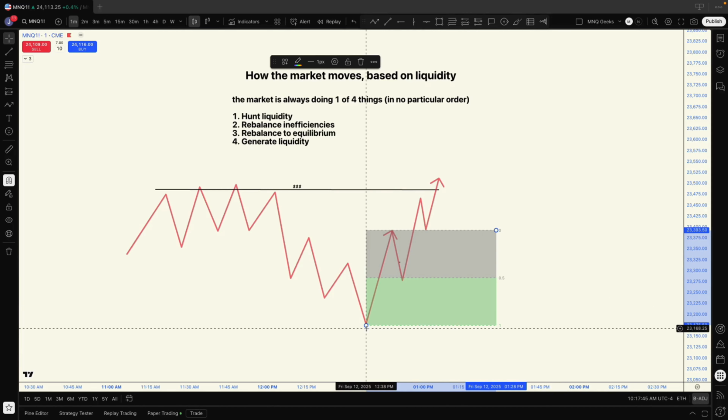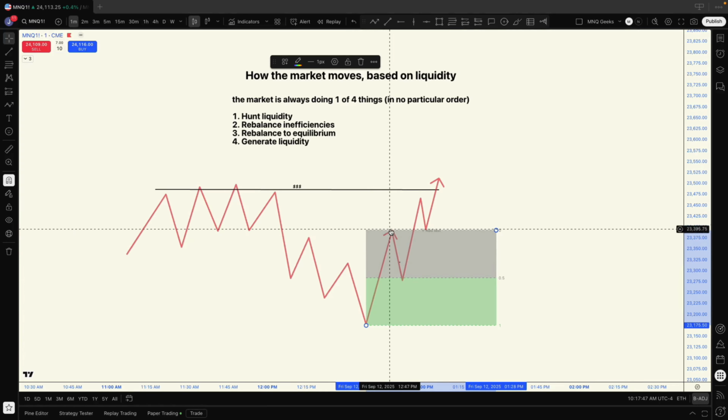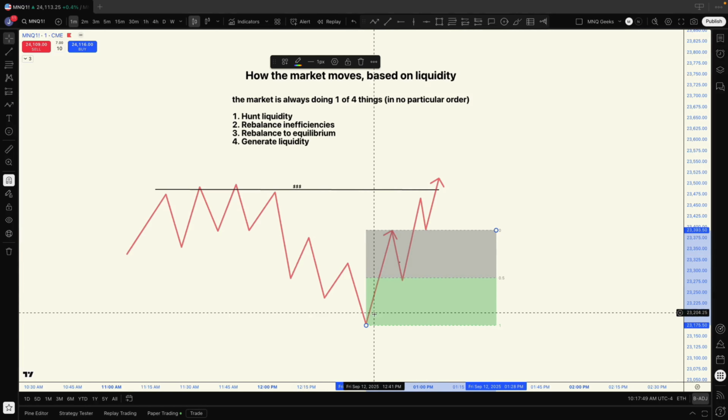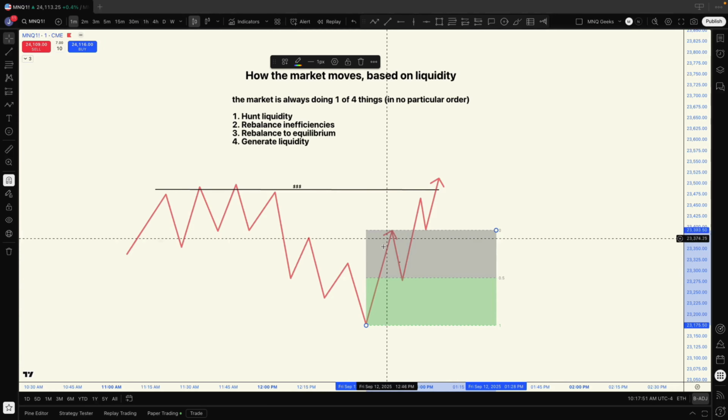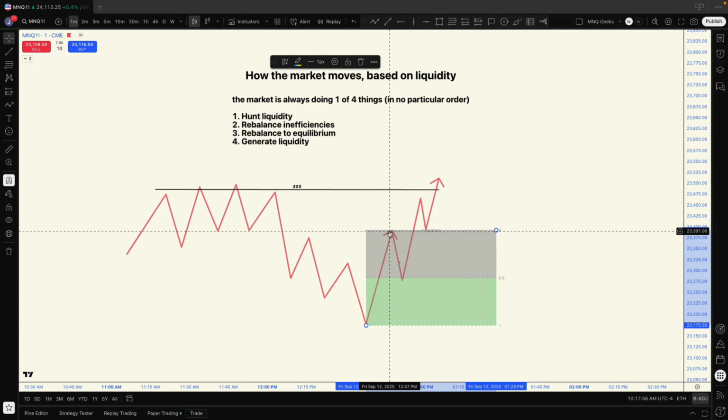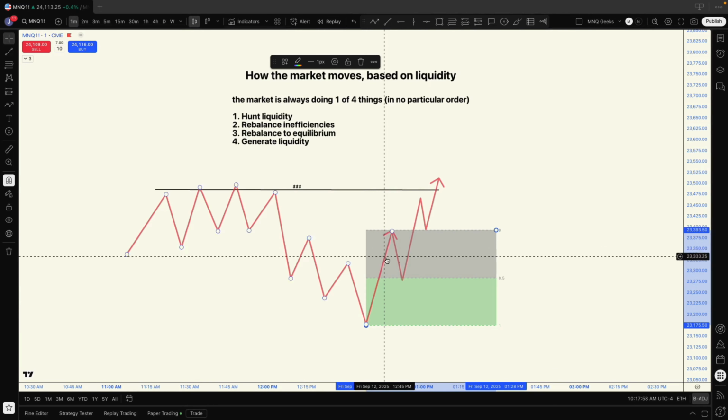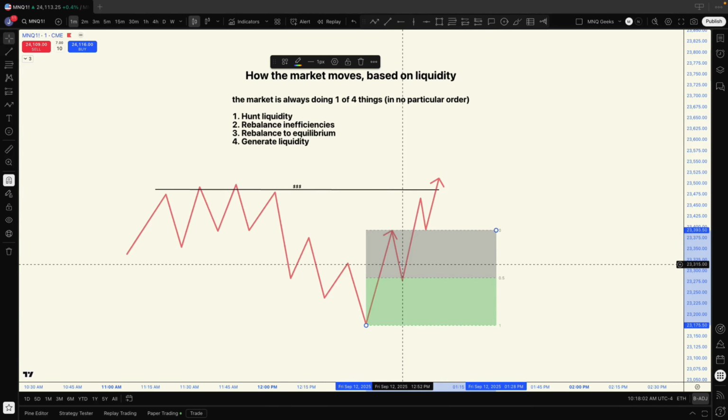But when you're coming up on a move and you mark out your equilibrium, say we're going long, so we're going up with price action. The higher we get, we are in more of a premium of price. So it wouldn't make sense to buy while the price is super high.